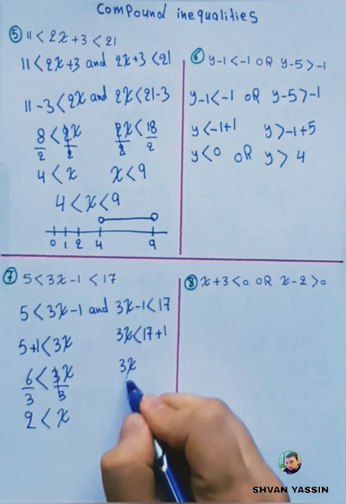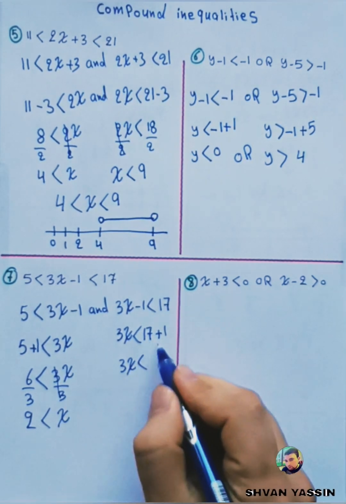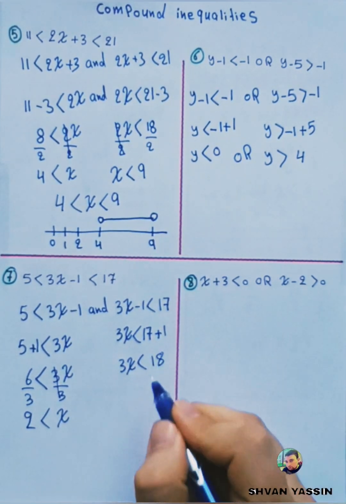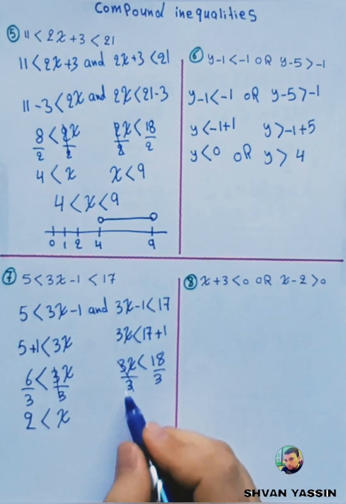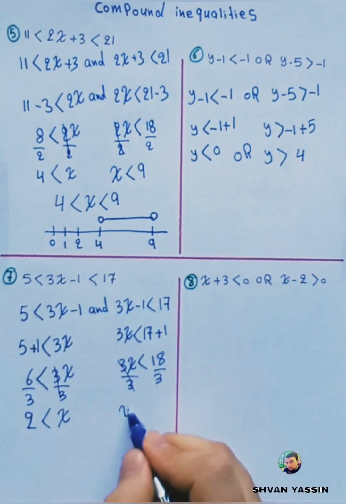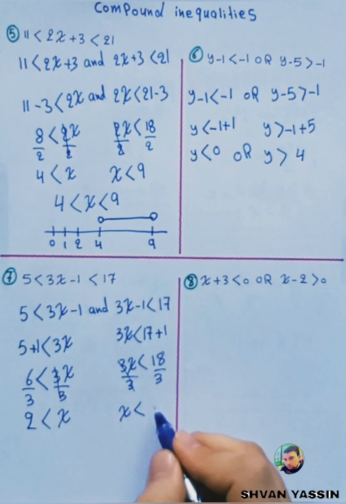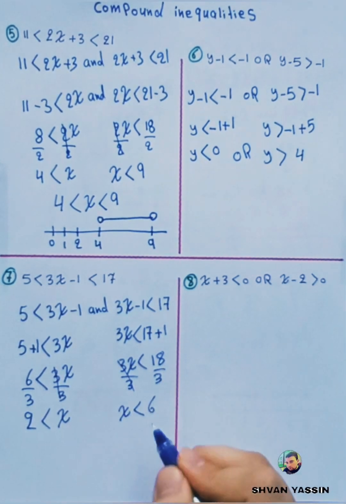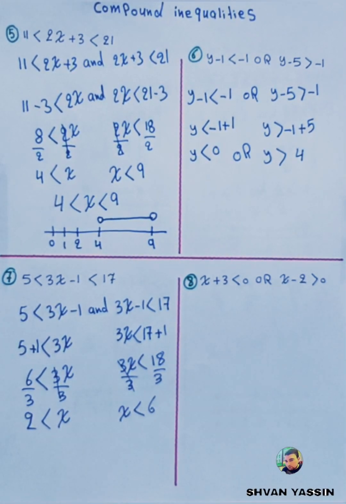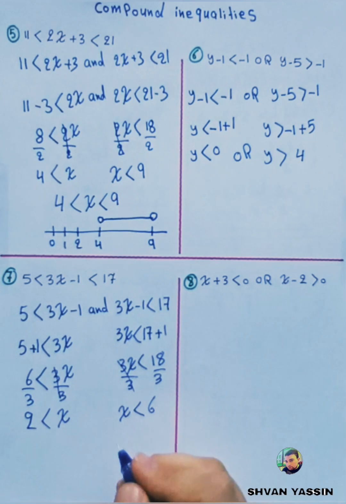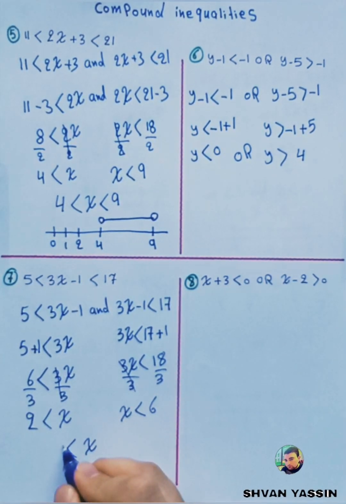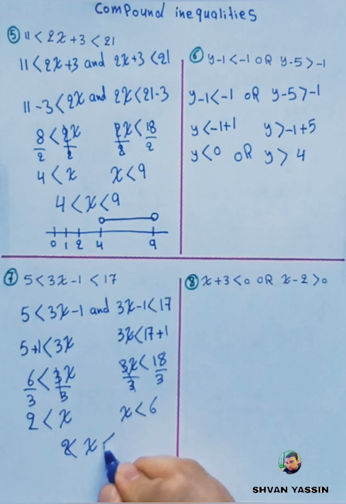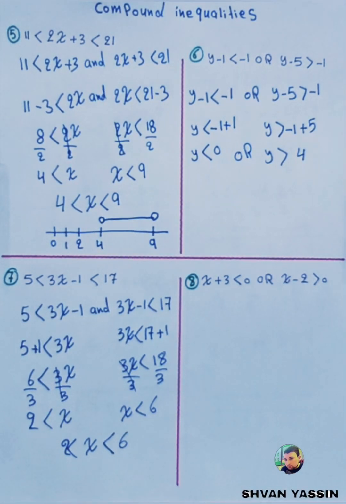So 3x is less than 17 plus 1 equal to 18. After that, you have to divide both sides by 3. These two 3's are cancelled, so x is less than 18 divided by 3, which is 6. So you can write these inequalities like that: x is greater than 2 and less than 6.